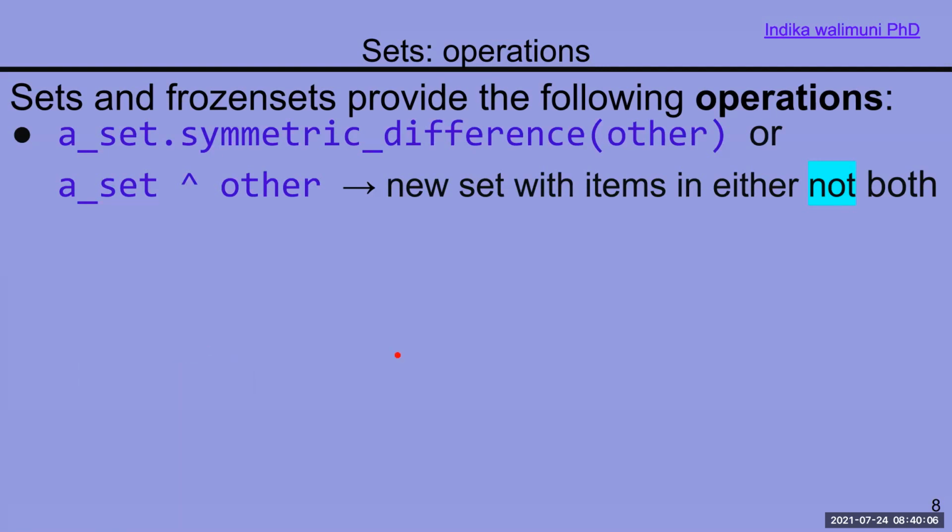It returns a new set with items in either set but not in both. So it's symmetric difference. This operation we basically only do between just two sets. And there's the operator version as well.